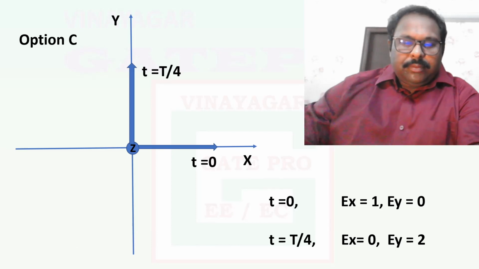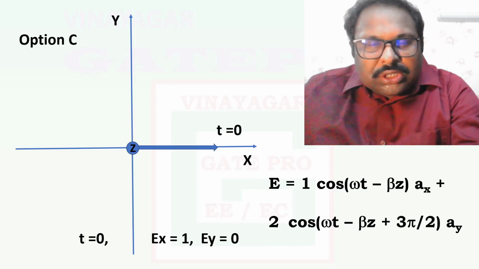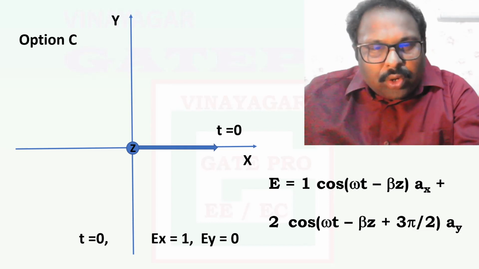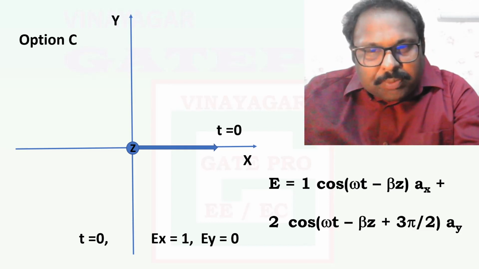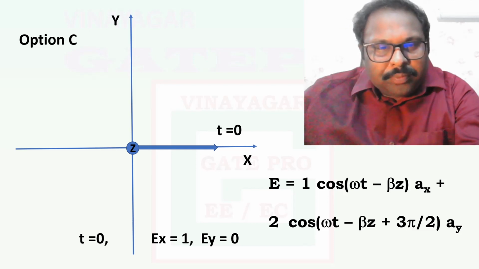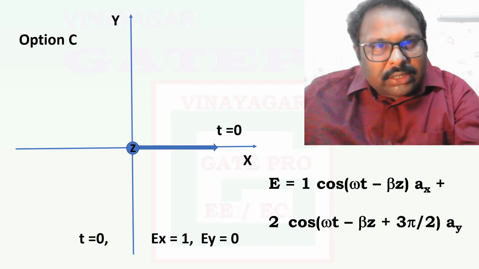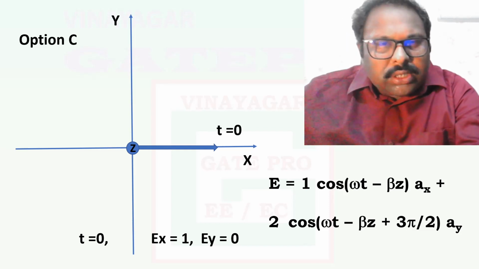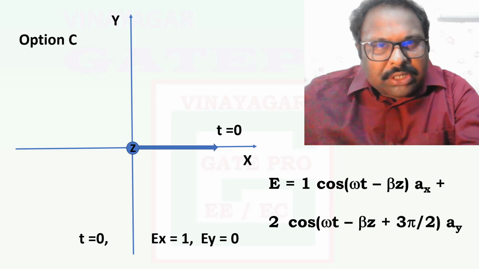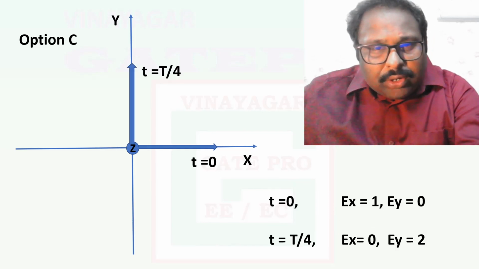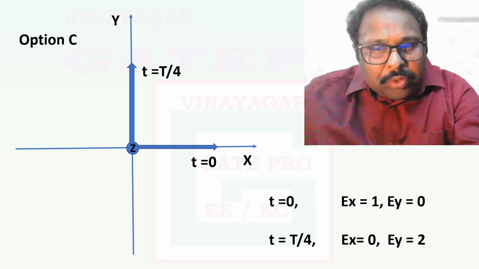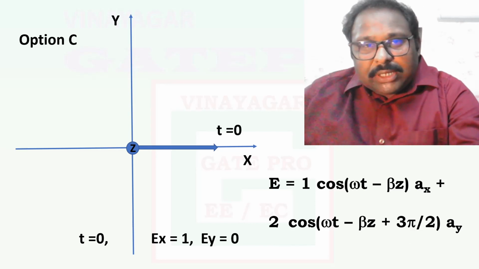Now option C, where the phase is 3 pi by 2 and amplitudes are 1 is to 2. When you put t equal to 0, Ex is 1, and Ey is cos of 0 plus 3 pi by 2, that's cos 3 pi by 2, which is also 0. So Ex is 1, Ey is 0. Next trace at t equal to t by 4, Ex is 0 because it's pi by 2, and Ey is 2 because it's 3 pi by 2 plus pi by 2.